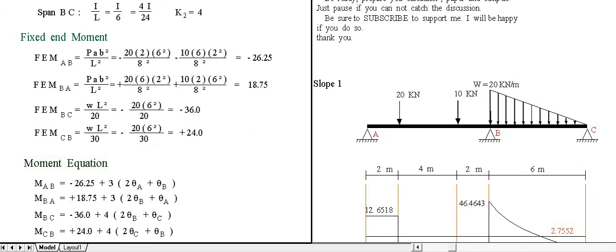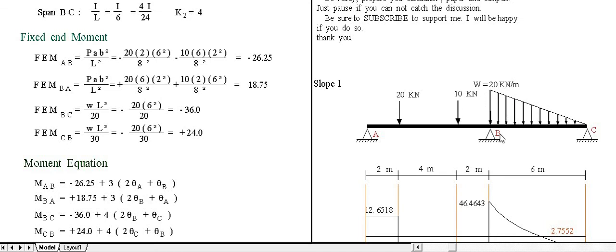BC, we have triangular load. The formula is WL square over 20. Notice that the fixed end moment of CB is WL square over 30, while at BC it is over 20. WL square over 20 is greater than WL square over 30. The bigger the denominator, the smaller the value.